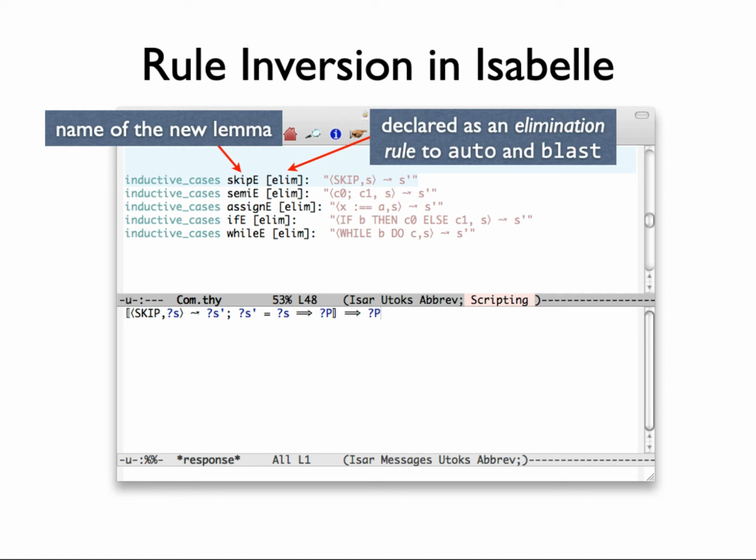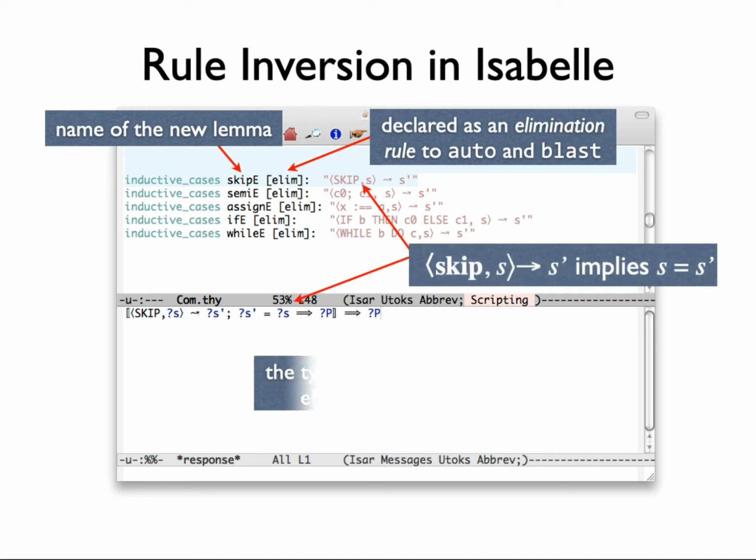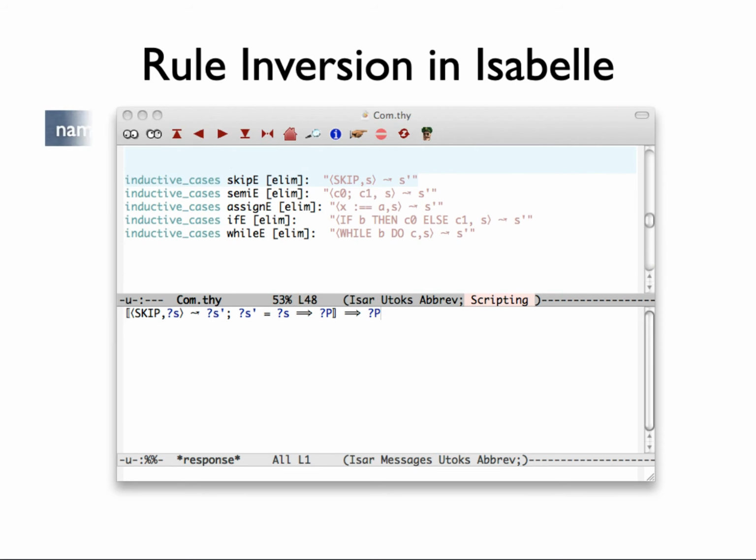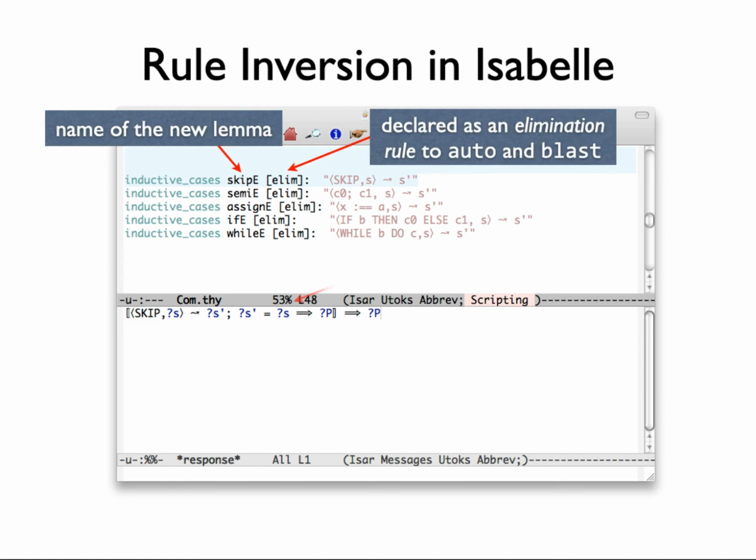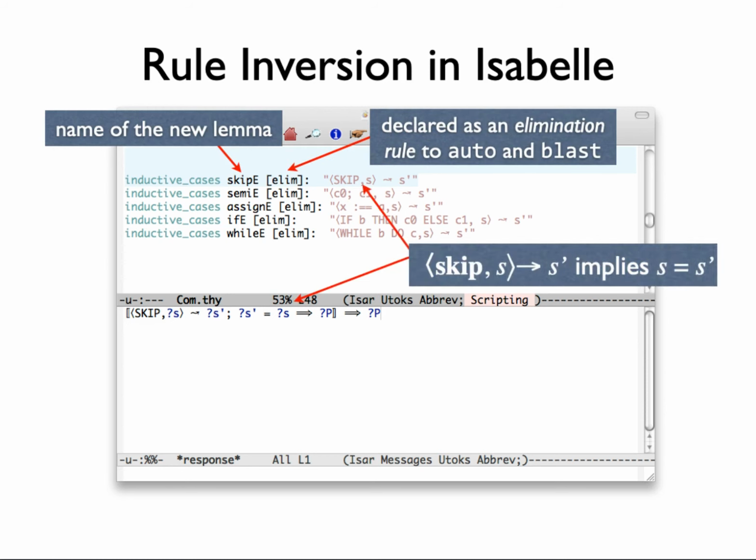But the next thing that we need, the most important thing, is the pattern. So the idea with inductive cases is that you type in a pattern that you want to detect. This is your choice.